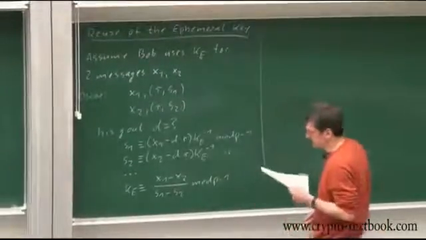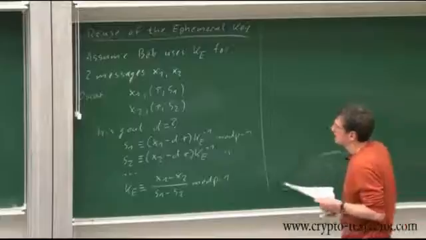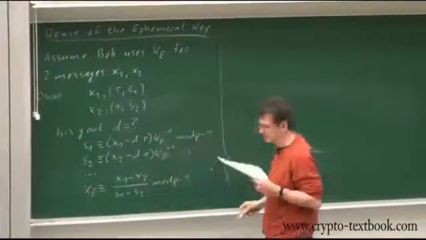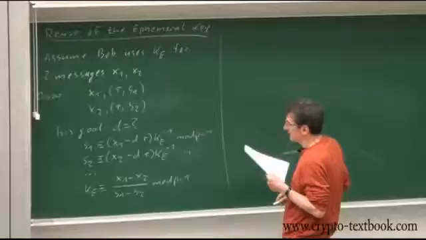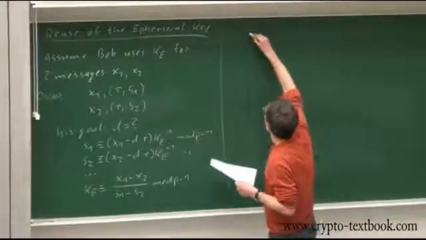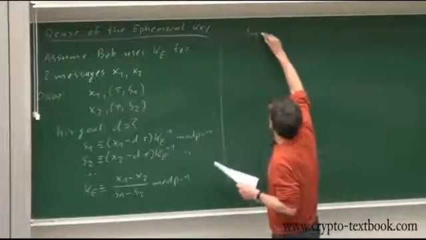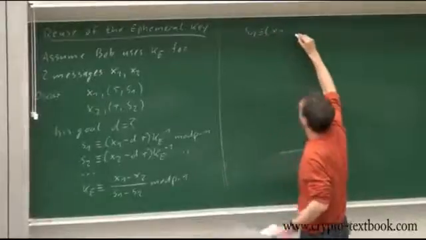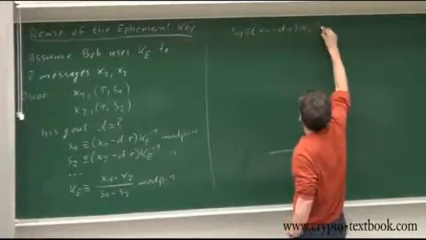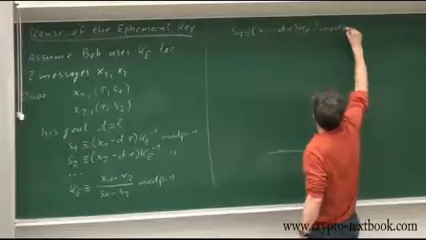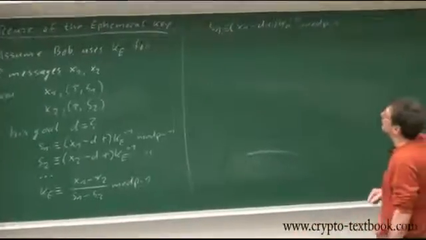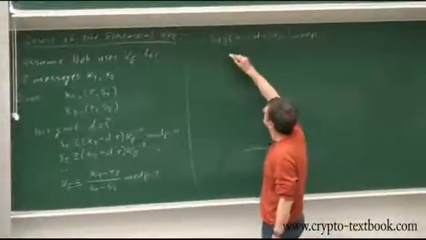What is very nice for him to have, though, is once he has KE, he can go back into any of these two equations, and he can solve, maybe I copy the first one. So what is known in this equation?